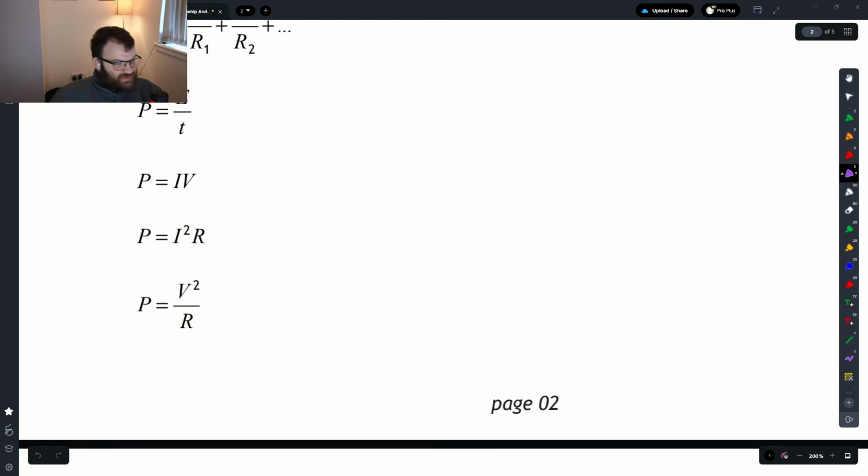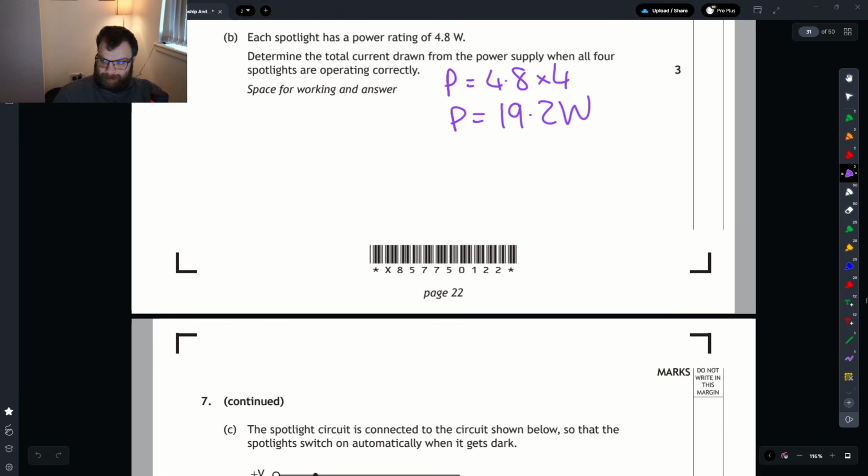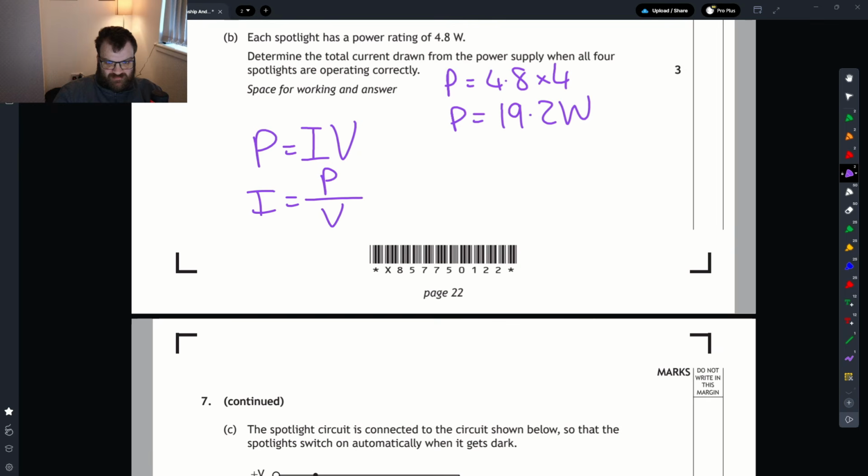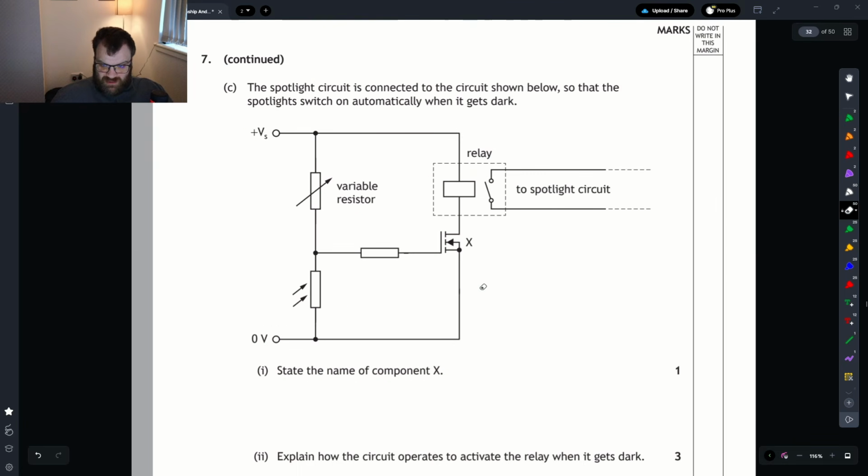So P equals IV looks like the best one. If P equals IV, I equals P over V, 19.2 all over 12, 1.6 amps.